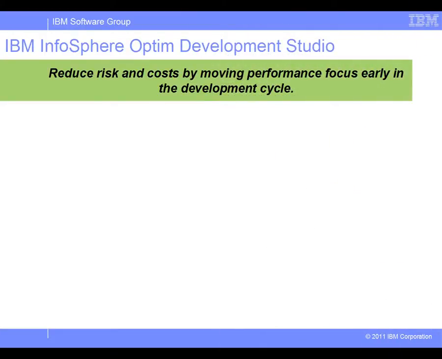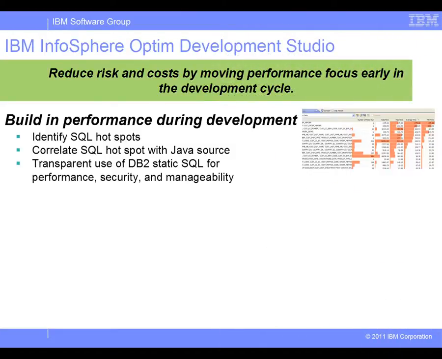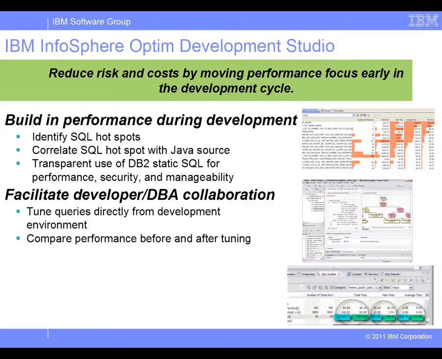Optim Development Studio enables a powerhouse Java development environment that moves database performance front and center with capabilities such as easy identification of SQL hotspots and a seamless switch to static SQL. DBAs and developers can collaborate effectively on performance early in the application development cycle, using graphs and reports to efficiently communicate the information a DBA needs to help tune queries.